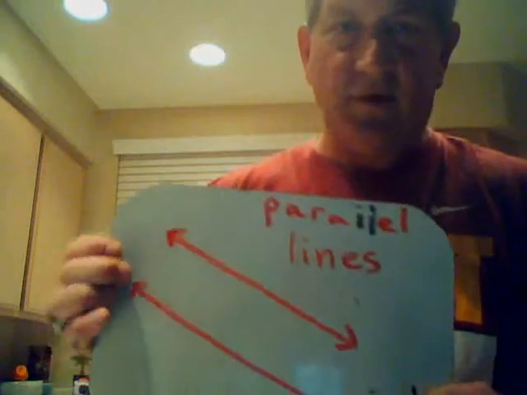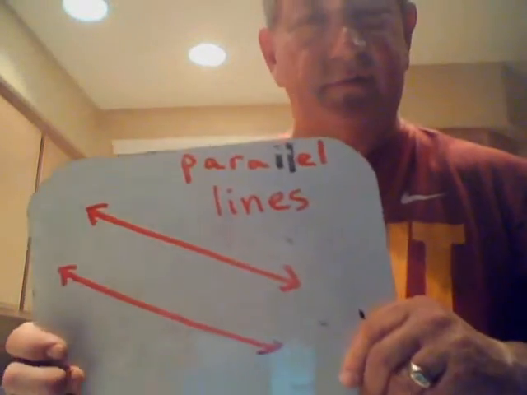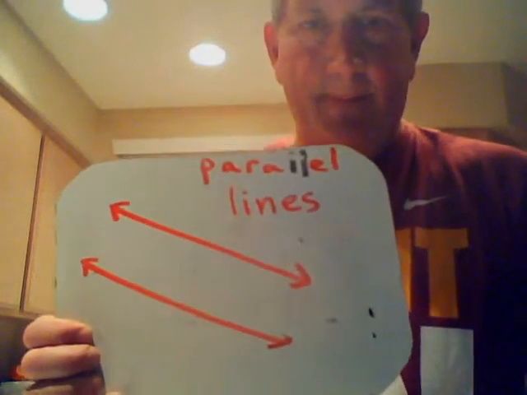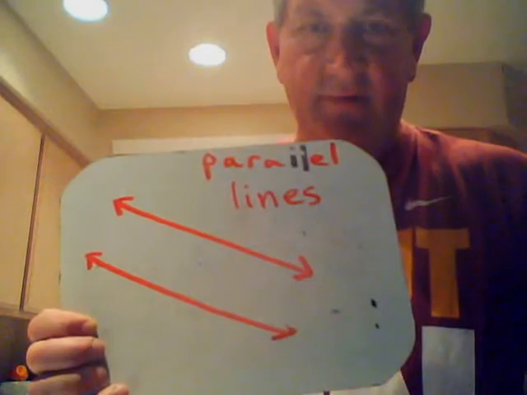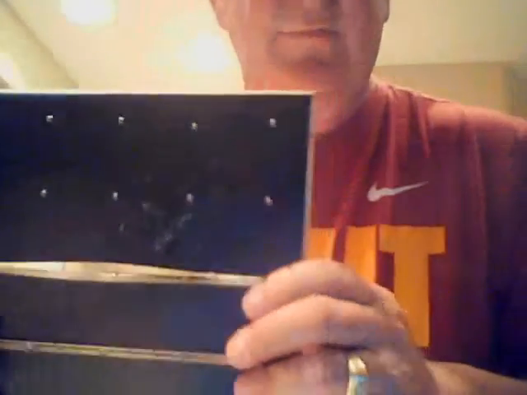Okay, so let's talk about different lines here. These are called parallel lines. Parallel lines are lines that run the same direction and they never cross. For example, if you look out of your apartment or your house right now, you might see some streets.